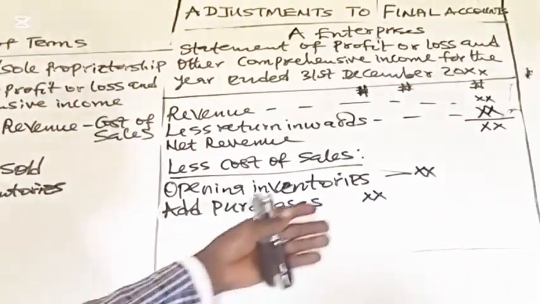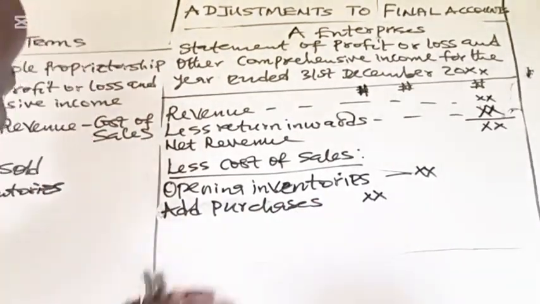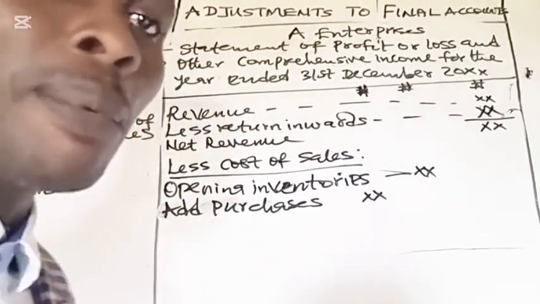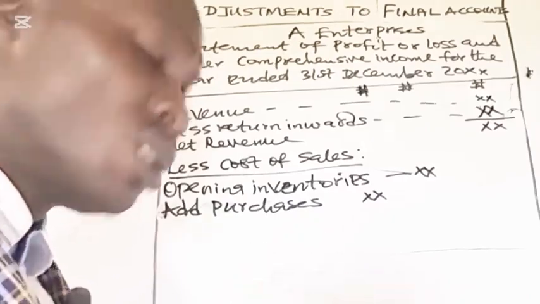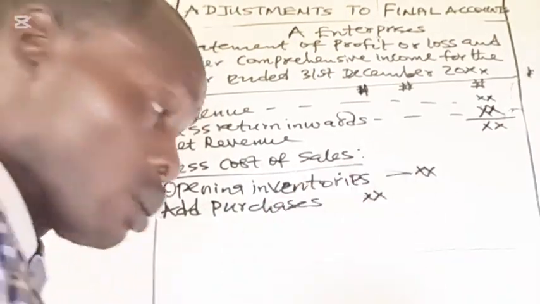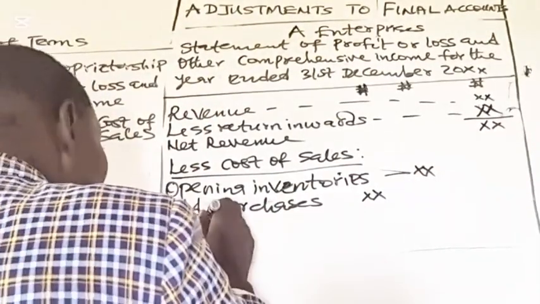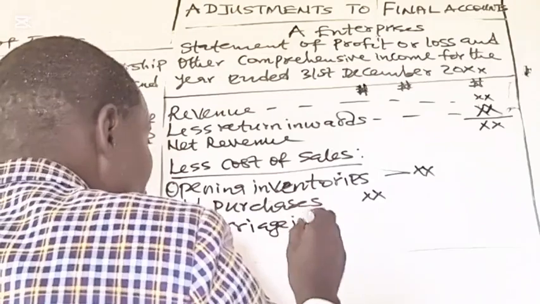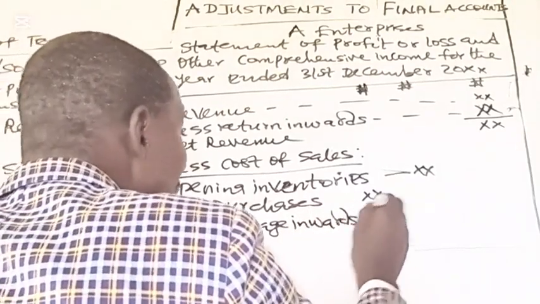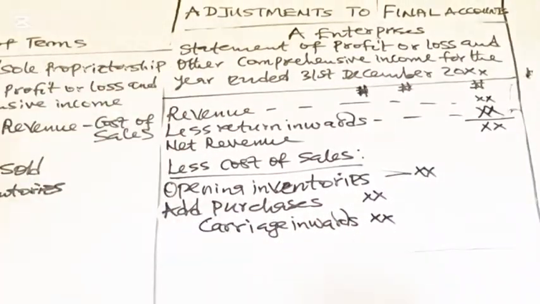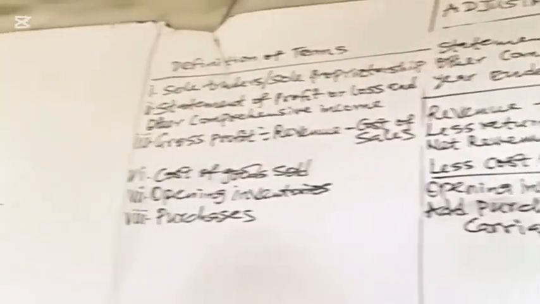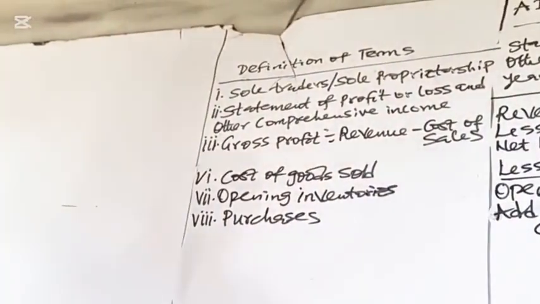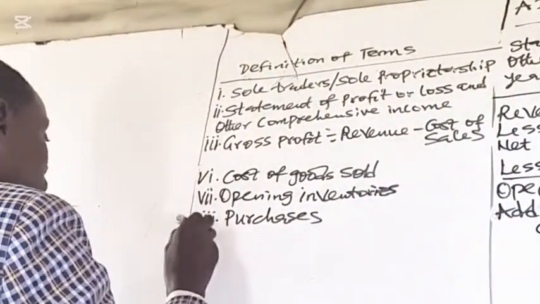Now, it is possible you may incur a certain amount of expenses in bringing the goods bought to your store, to your warehouse. And that expense incurred in bringing it to your warehouse is called carriage inwards. Another word for carriage inwards is carriage on purchase. So it must form part of the purchase price of the item.